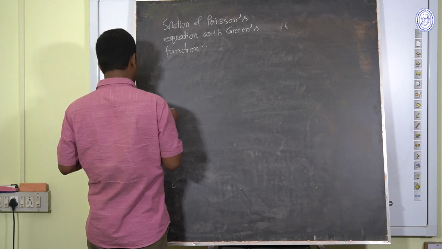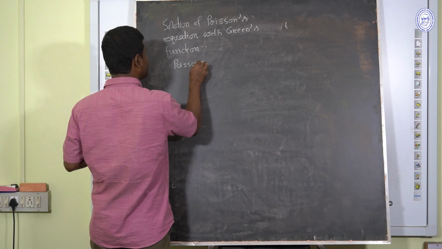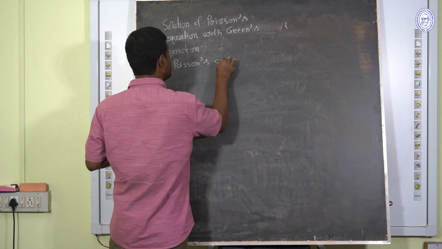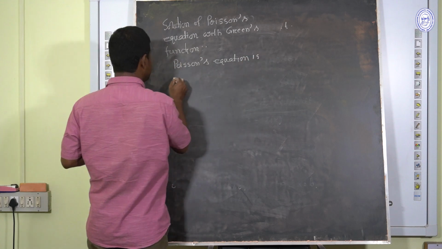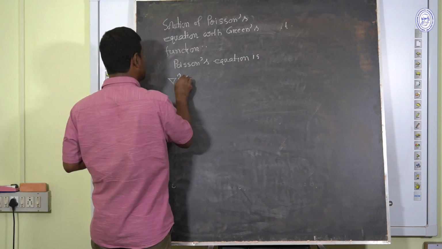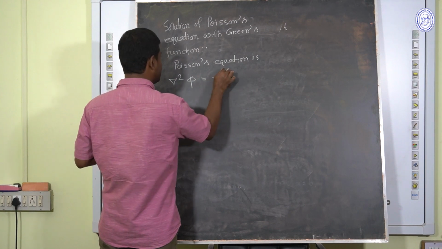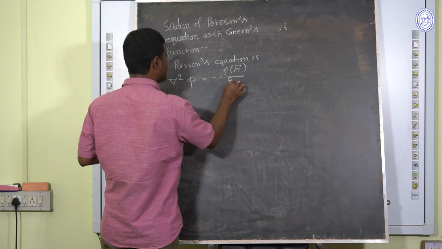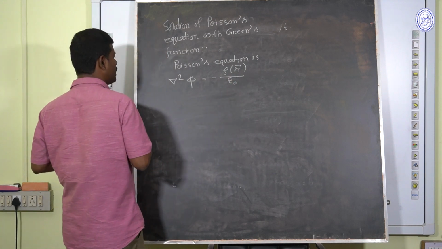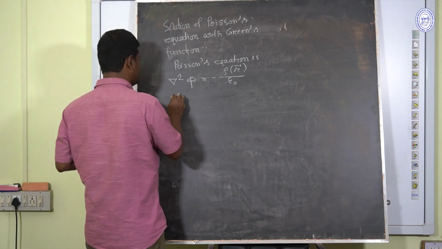So Poisson's equation is the Laplacian operator of phi equal to minus rho of r divided by epsilon 0.